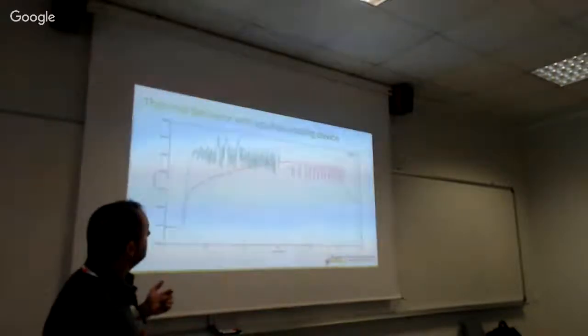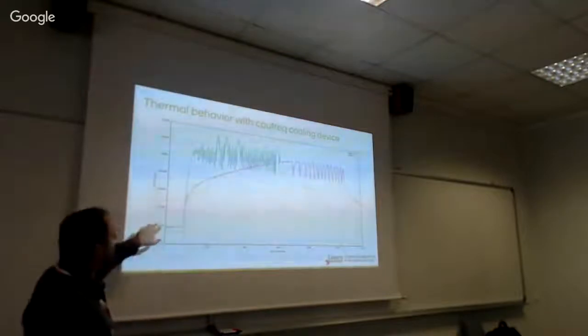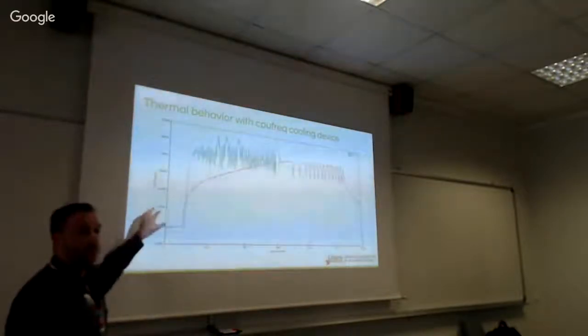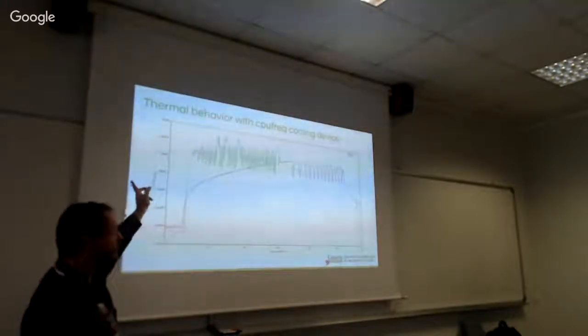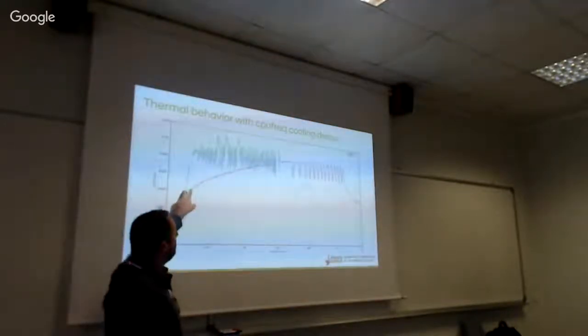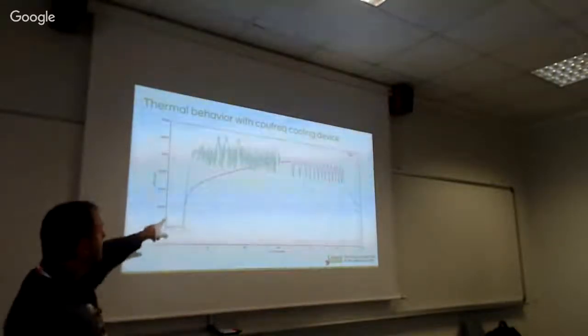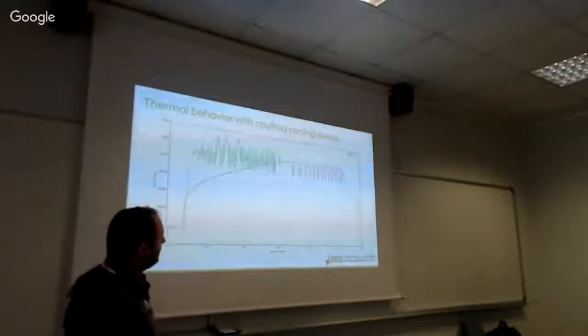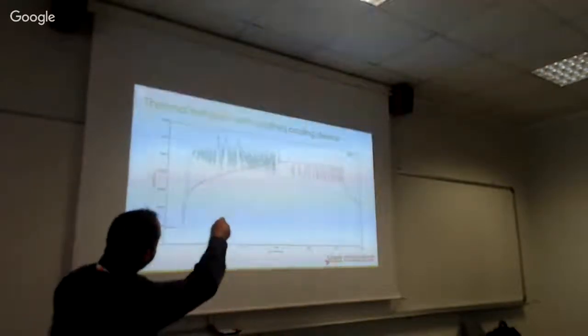So here is the thermal behavior of the two stock we use as a reference, the two IT boards. The green line is the IT big little. So that's the increasing of the temperature, and that's how it mitigates.